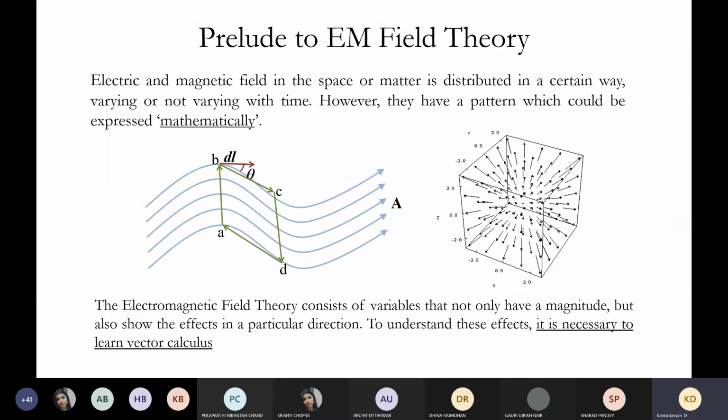And then time also will come, so space and time will come. You will see some equations like the continuity equation where space and time appear. Very interesting topics. Along with that, all these fields are highly directional, and they vary with respect to time, and they disperse over time or over space, which is spatial dispersion.